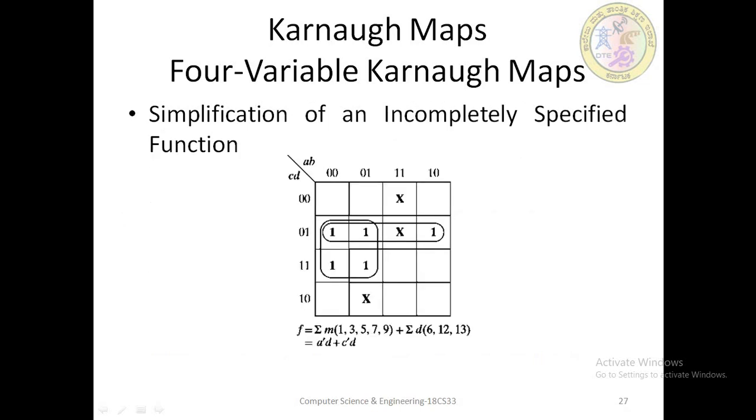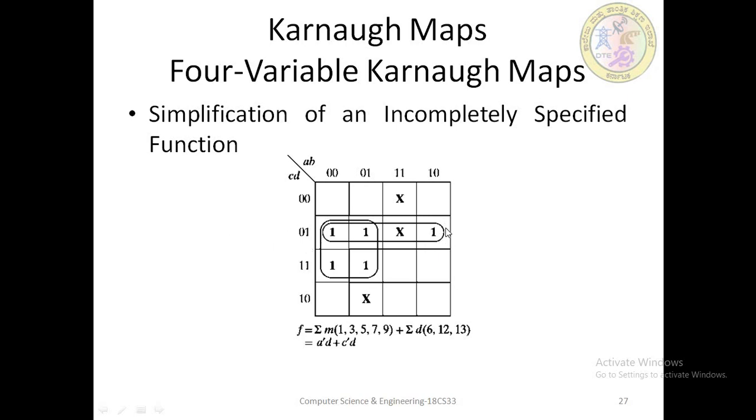And how will we consider the don't care condition? This is a beautiful example you can go through, because you can see some of the don't cares we have considered, and some of them aren't, so that we can group. It can be grouped as a quad, and this one would be left as a single, or we would need to take a pair of this.